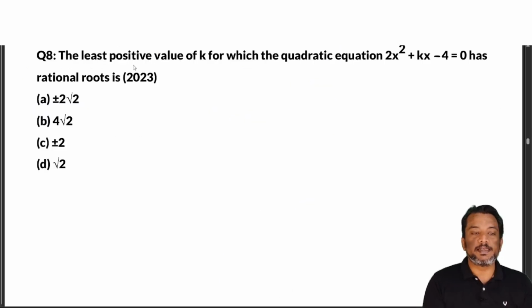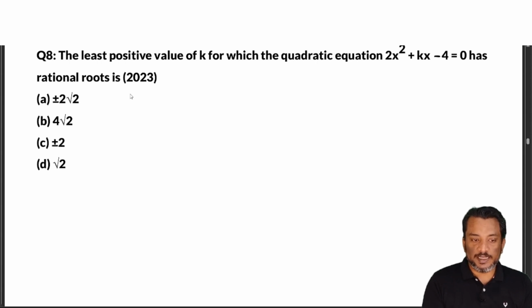Now the question says: find the least positive value of k for which the quadratic equation 2x square plus kx minus 4 is equal to 0 has rational roots. Here you can go with the options. Root 2 you already know is irrational, and it is asking for the least positive value, so we will check option C to see whether it satisfies or not.